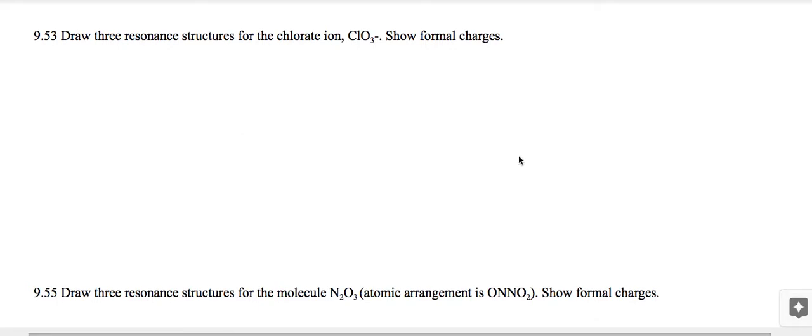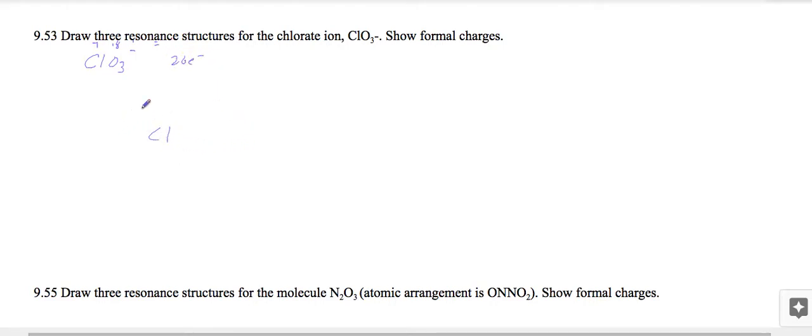All right, 3 resonance structures of ClO3-. And now Cl, going with our method before, let's go through the work on this one because it's going to be a little bit tricky. ClO3- has a total of 7 plus 18 plus 1 valence electrons. That gets us 26 total electrons to work with.